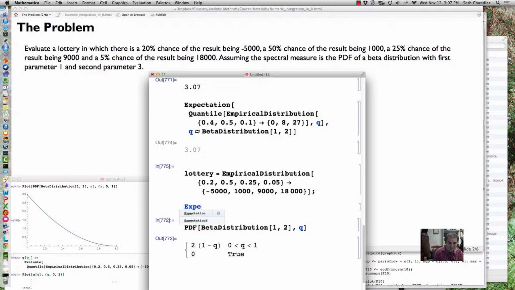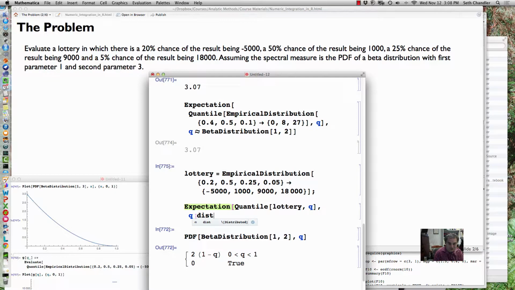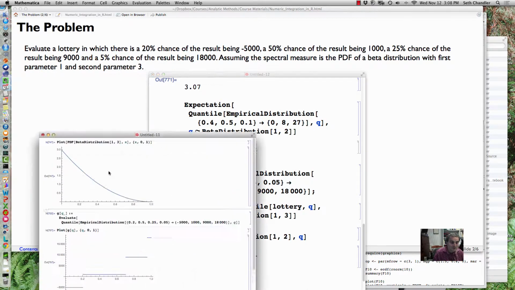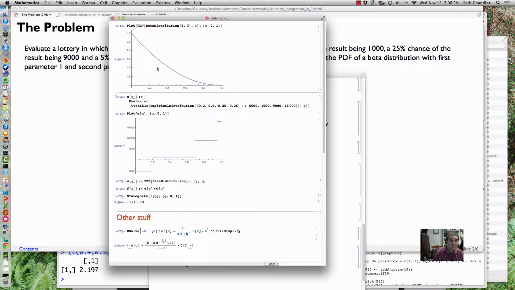All right, expectation of the quantile of this little lottery that I just defined with respect to Q, but Q is distributed according to the PDF of a beta distribution with a first parameter 1 and a second parameter of 3. And by the way, you can see what this looks like.